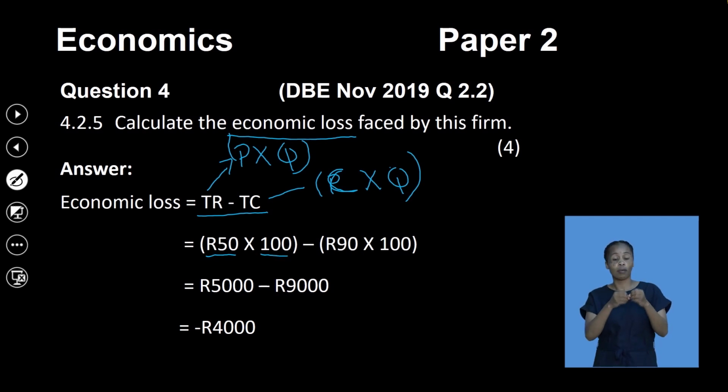Our quantity is 100, in brackets. Remember to put brackets so that you don't get confused. And our cost there is 90, and our quantity is the same, still 100. If you say 50 times 100, you get 5,000 minus 9,000, and you are going to get a negative there. The negative denotes that you are getting a loss there.